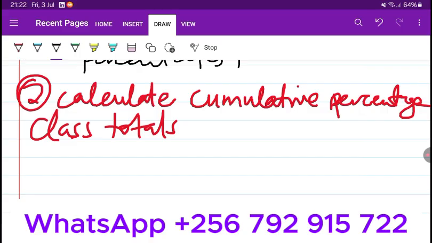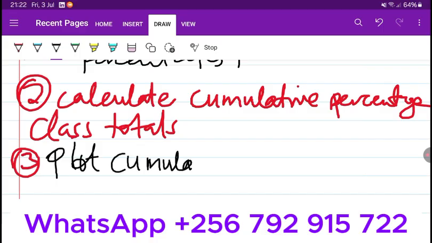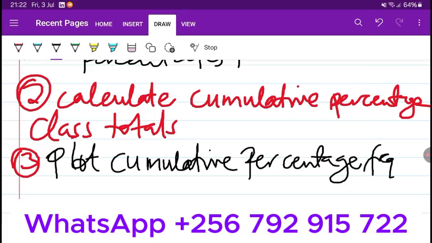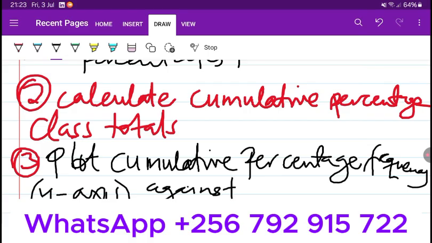Then the third step is for us to plot. We plot the cumulative percentage frequency against the cumulative percentage class totals, and these are going to be on the x-axis or on the horizontal axis.